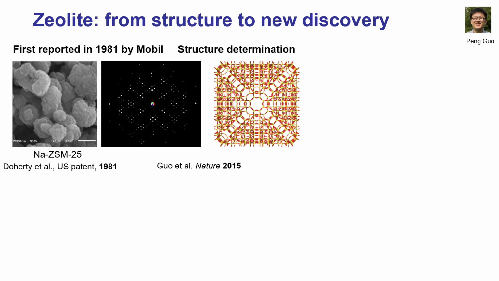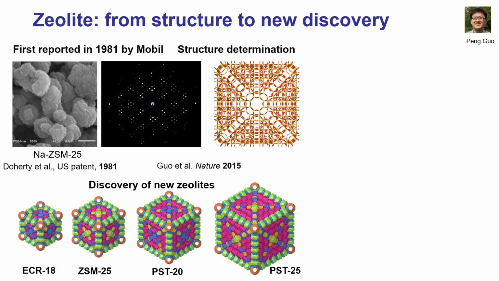We determined the structure using electron diffraction, and not only that, based on this structure, in connection with an already discovered structure like paulingite, we found there is a structural relation, and we could also predict several new related structures, and also synthesize those structures.